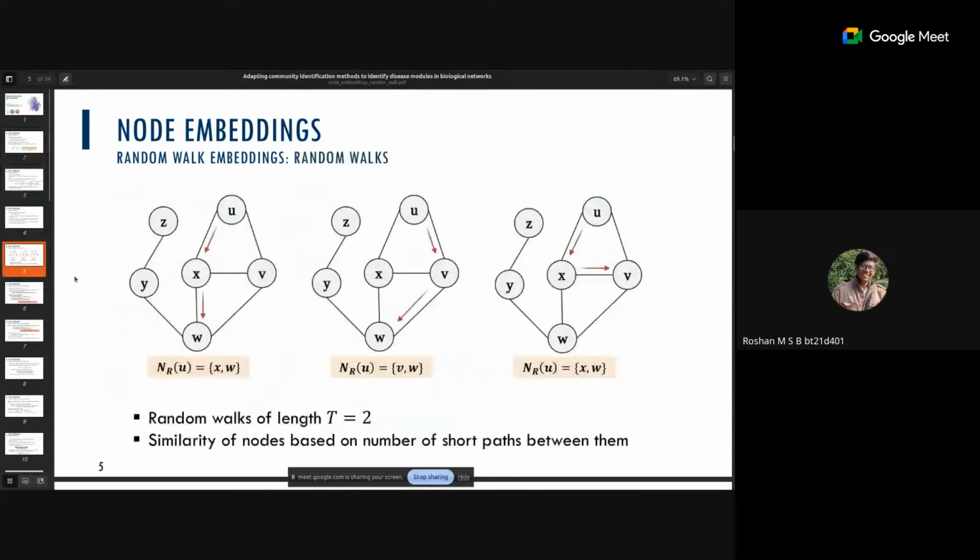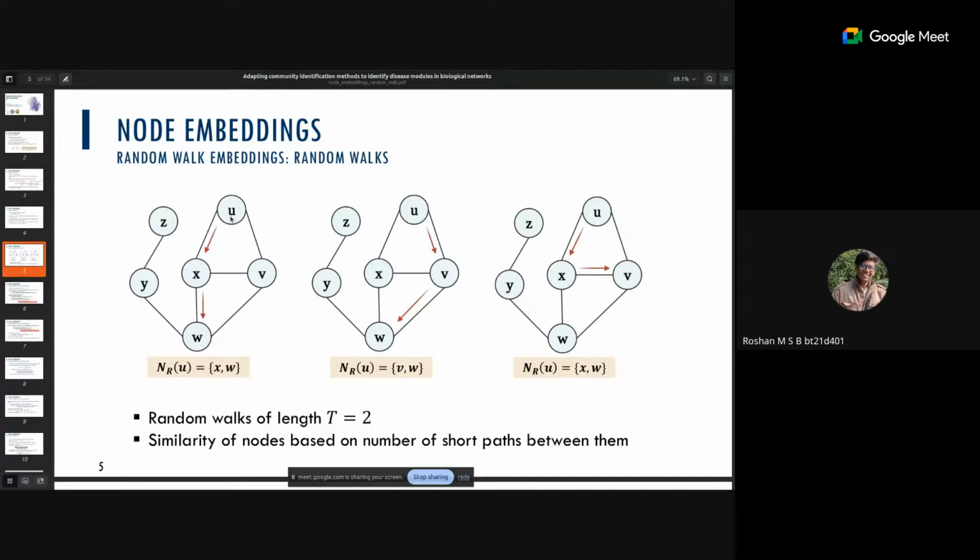So how do we do the random walk embedding? You start with a specific node, u. Okay, you take a random walk around this graph. You specify a walk length, and you specify how many random walks you need to do.